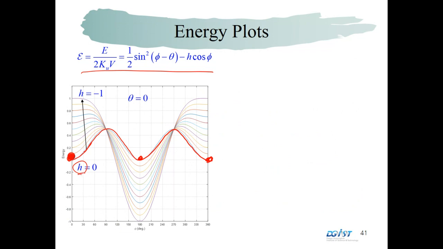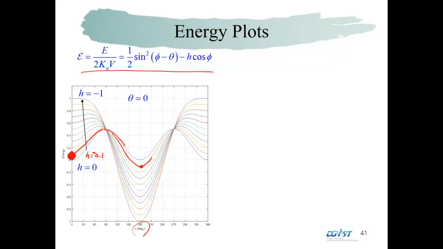When we increase the normalized field from 0 to 1, or to -1, each curve is something like this. When H is minus 0.1, the energy level here is a little bit increased, while this energy is a little bit lower, because the minus sign implies they prefer 180 degrees.